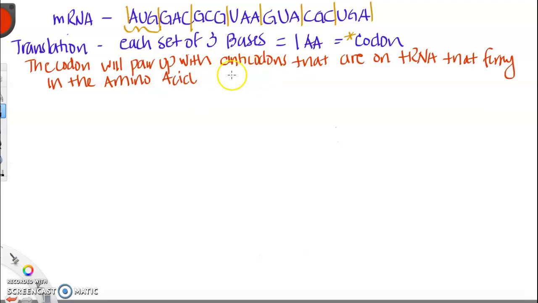So one tRNA, if it looks, I don't know, like that or something like that.